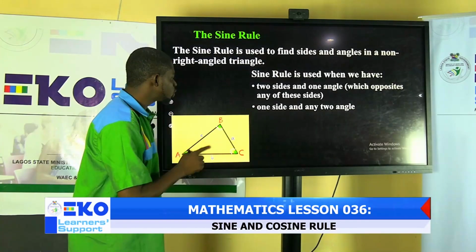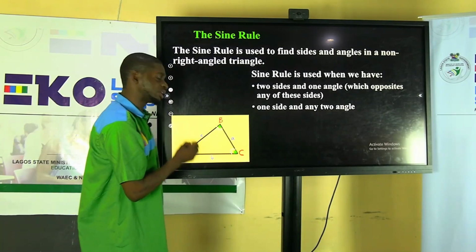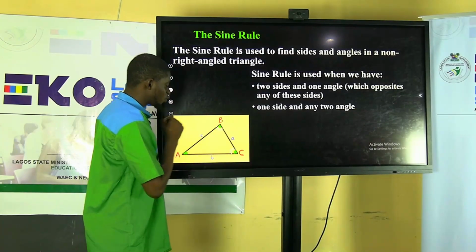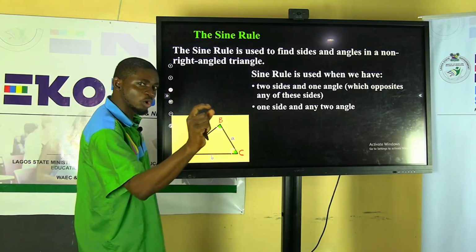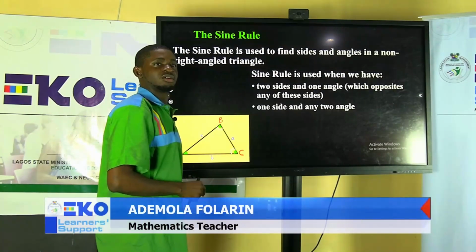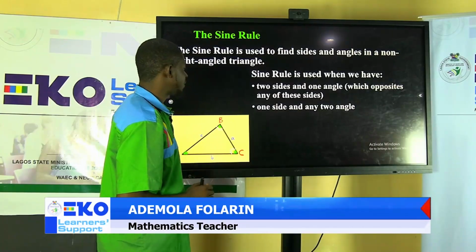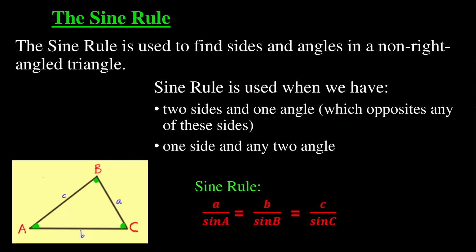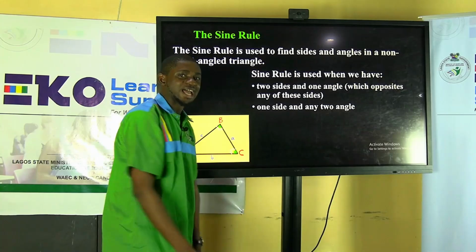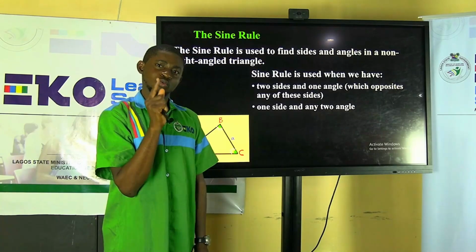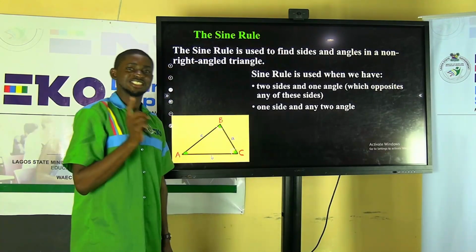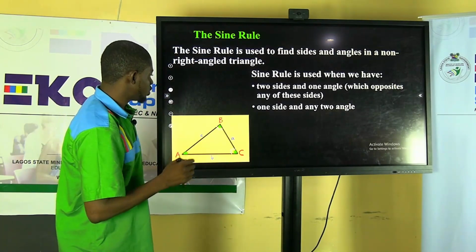That is either angle A, side A, or angle B, side B, or angle C, side C. Once we have one complete family and any member of the remaining family, we use sine rule. Another thing we consider is when we have one side and any two angles. Once we have one side and any two angles, that is one daughter and any two mothers available, we can use sine rule.